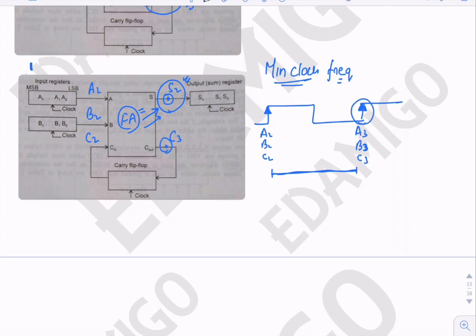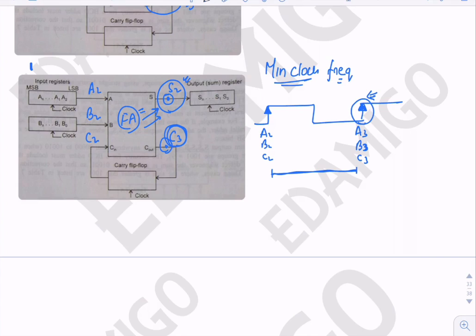Is it okay? So it is very clear, and it is also very important to see that this output C3 should also be available from the full adder before this clock comes.